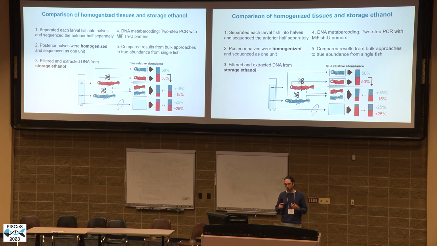I then took the relative proportions based on those read frequencies for the different species in that sample and compared that back to the true abundance to see how far off those estimates were from the expected numerical abundance of those fishes in those samples. After that, I took the ethanol that those fishes were stored in, filtered that, and processed that like I would process an eDNA sample.